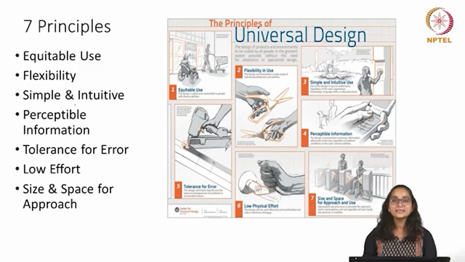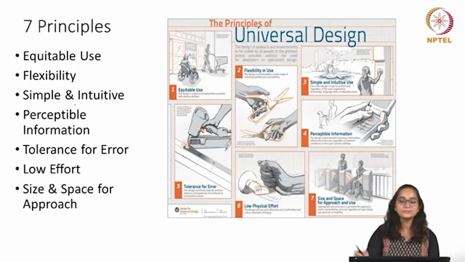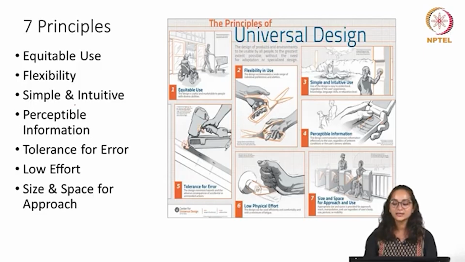Primarily there are 7 principles of universal design, and based on this image you might be noticing that all of these are primarily tangible interfaces or products or spaces.